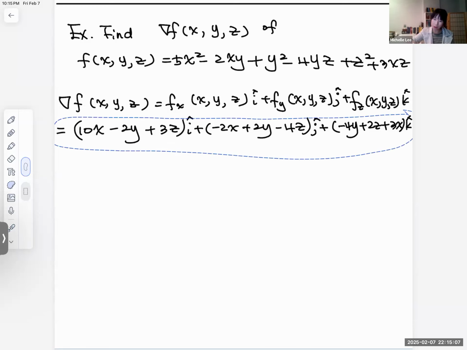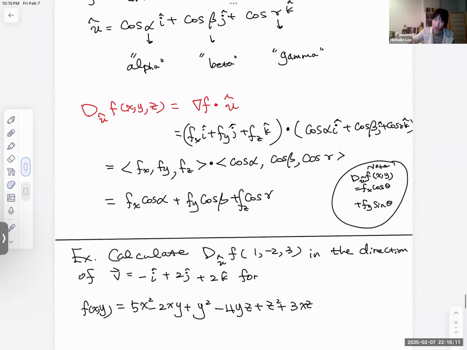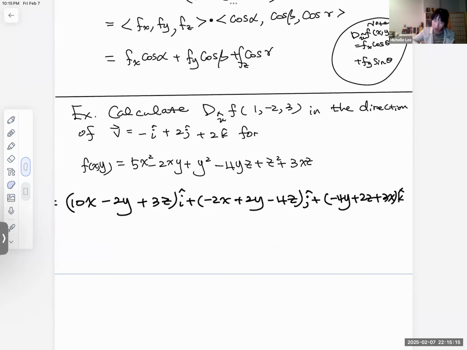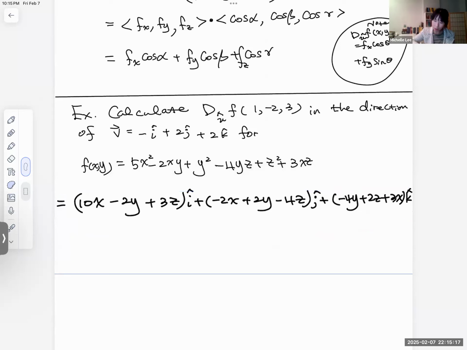This is the last question, so please hang in there, copy. So this is the gradient, right? x, y, z.